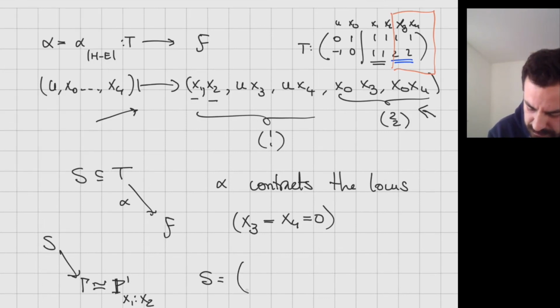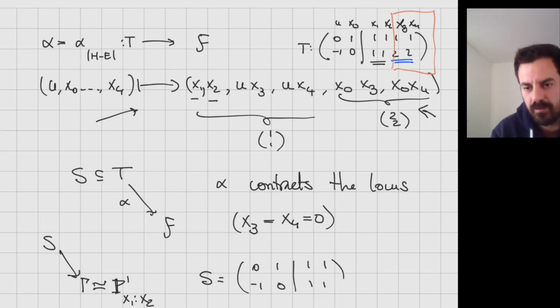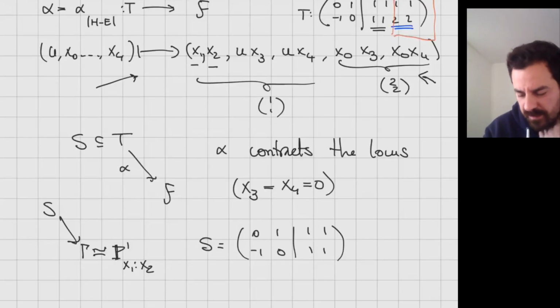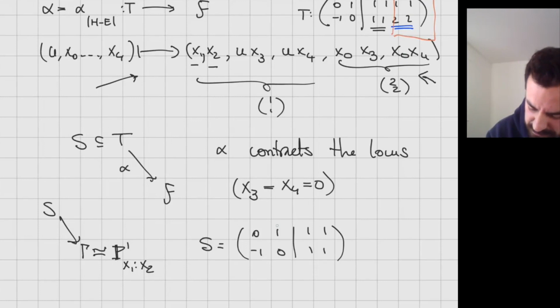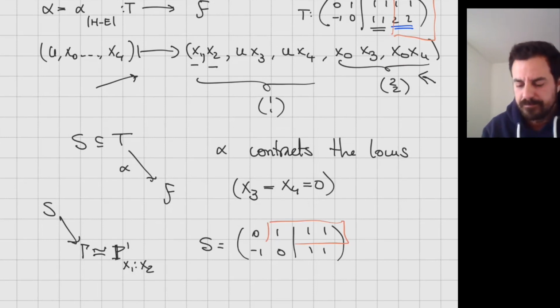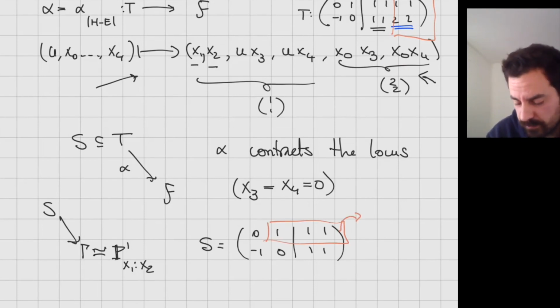I just have to erase this part because it's x3, x4 equals 0. And this surface is given by the matrix 0, -1, 1, 0, 1, 1, 1, 1. Okay. Now we've seen this kind of representation for matrices, and we know what this is. Let me use another color. This is a C-star action defining P2.